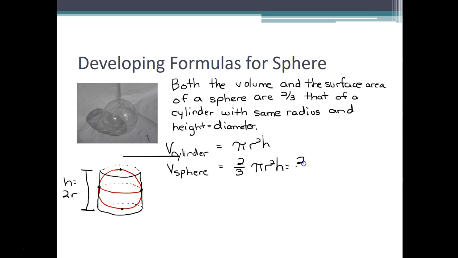So you can replace h with 2r. 2/3 times 2 is 4/3. R squared times r is r cubed. So the volume of the sphere is 4/3 pi r cubed. But that comes from 2/3 of pi r squared h. It's just h is 2r, twice the radius.